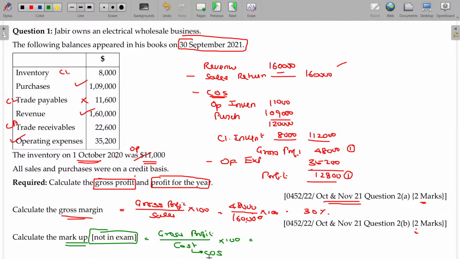If there is no stock, then purchases is equal to cost. Now gross profit being 48,000 and cost of sales being 1,12,000, you can represent that as a percentage, so 42.86 percent. Hope you are now able to understand the difference between gross margin and markup.